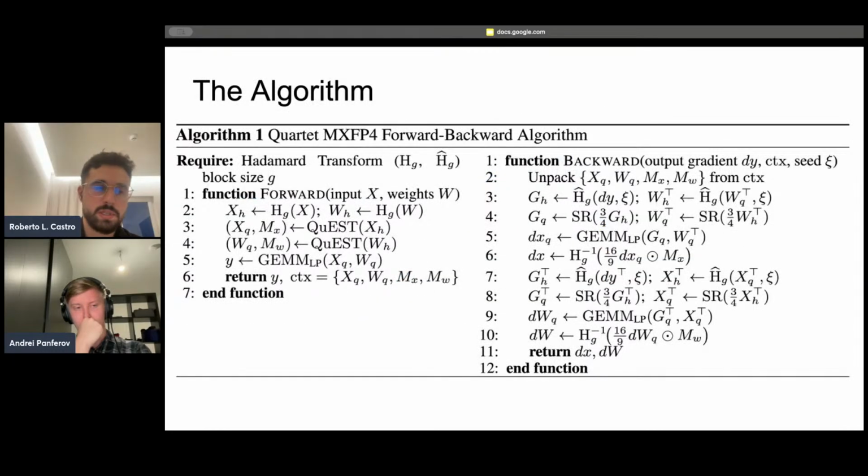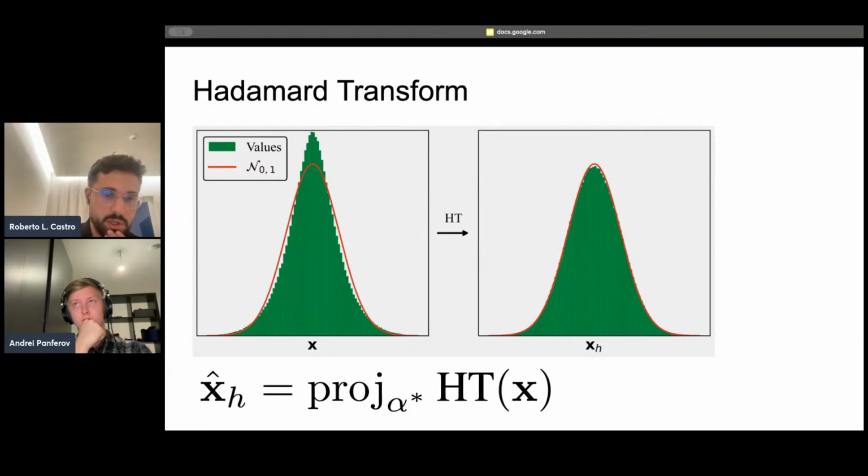This is something that we just mentioned and discussed with this last question. One of the reasons is that the Hadamard transform is one of these operations that introduces extra overhead to our method, and we have to carefully tune and implement it in order to minimize this overhead.